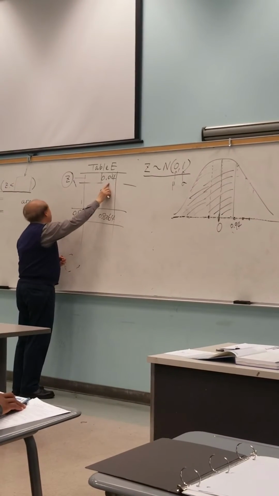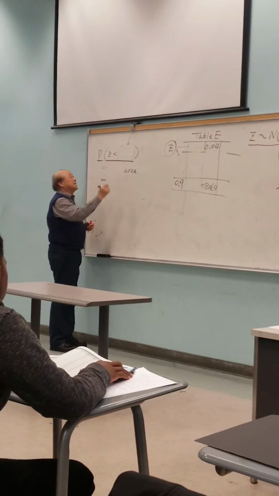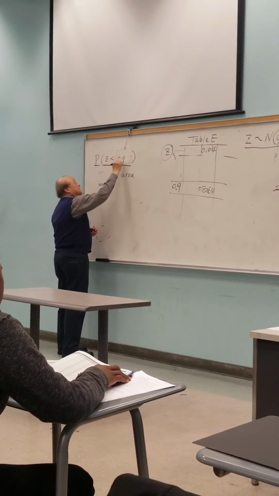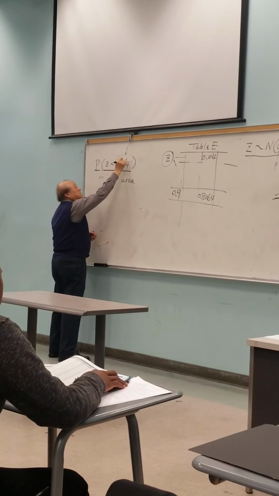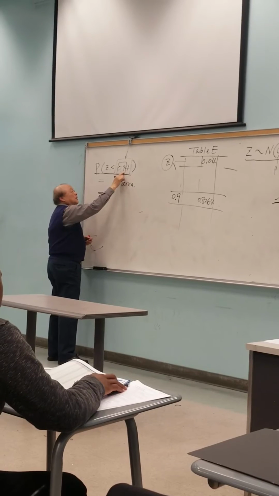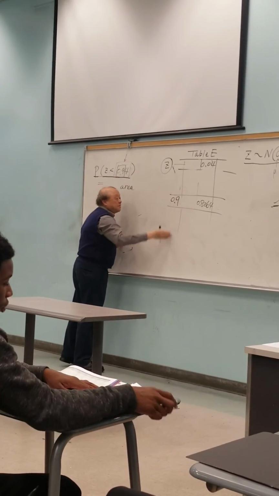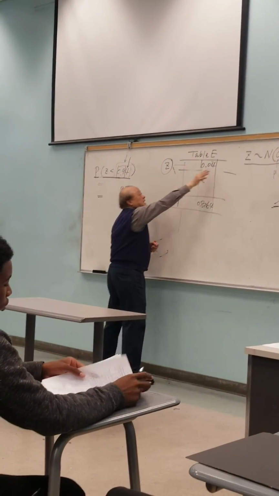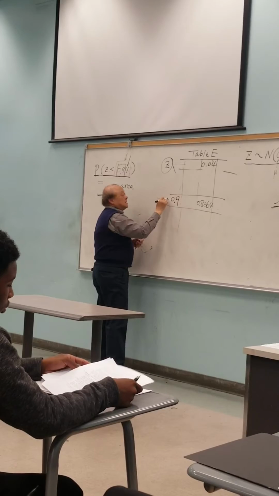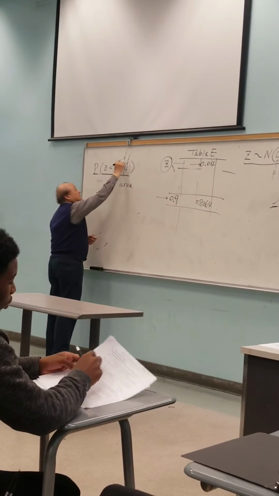Our question is 0.94. The first digit of the z-score you find from the left column. The second you find from the top. So this one plus this one together make this number.